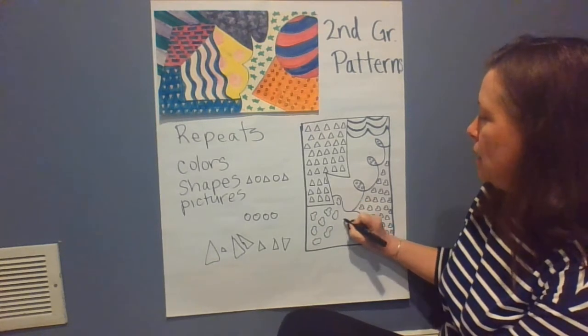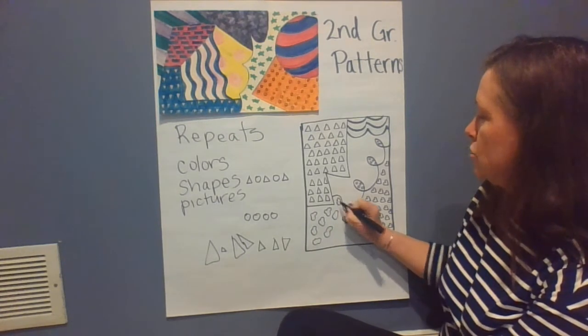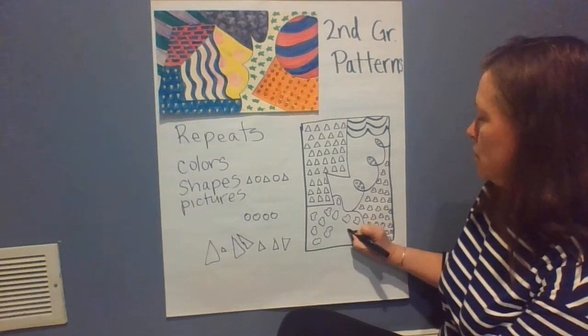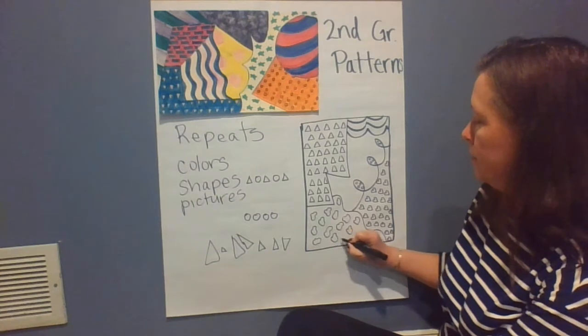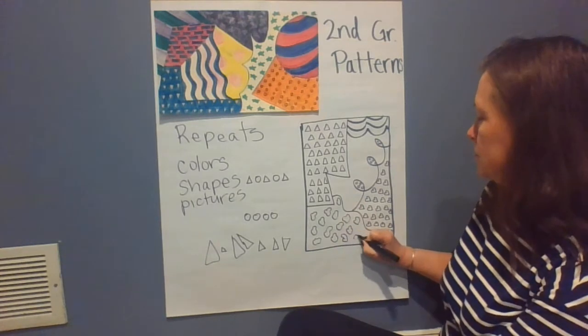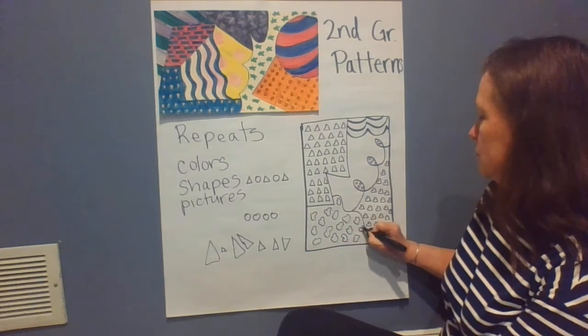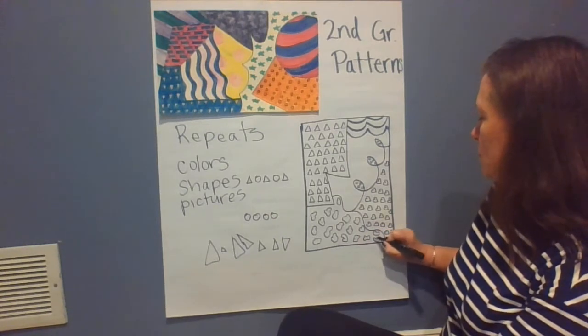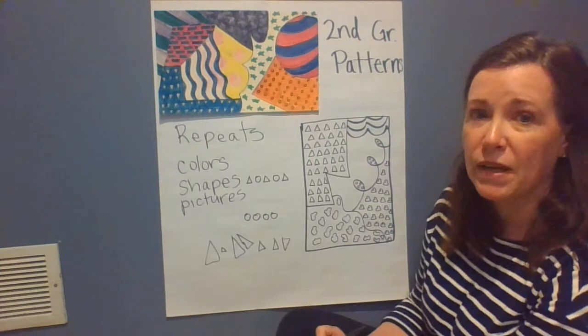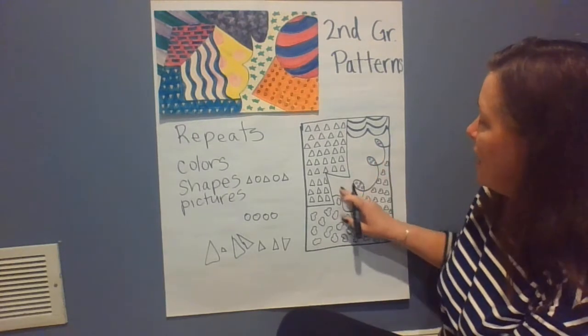And I'm going to repeat. Oh, that one didn't close. Okay. Repeat over and over again. Okay, I'm going to fill up another space. Then I have one last spot.